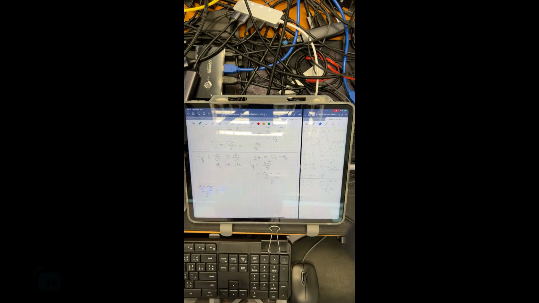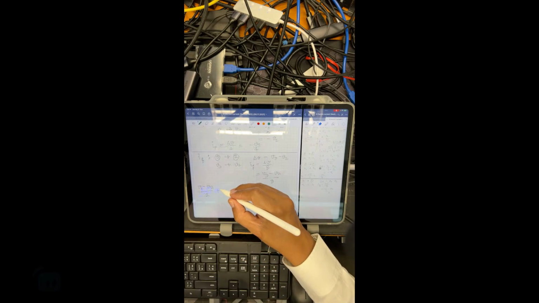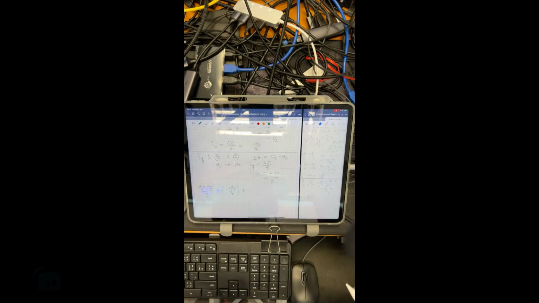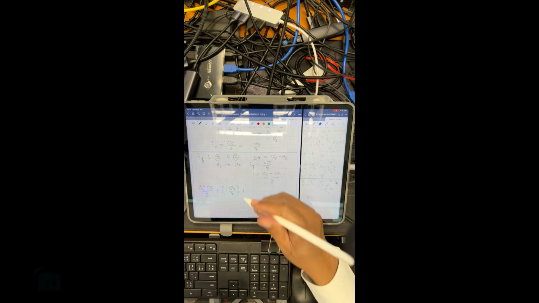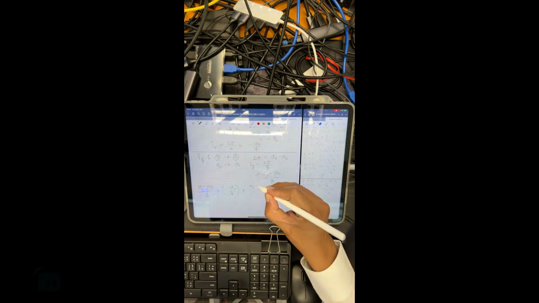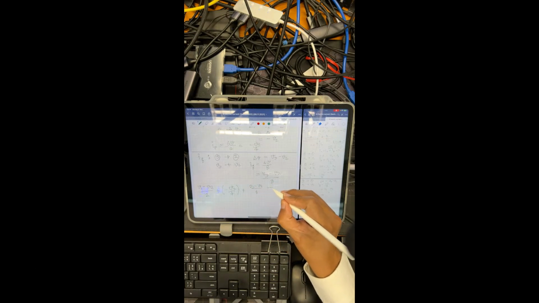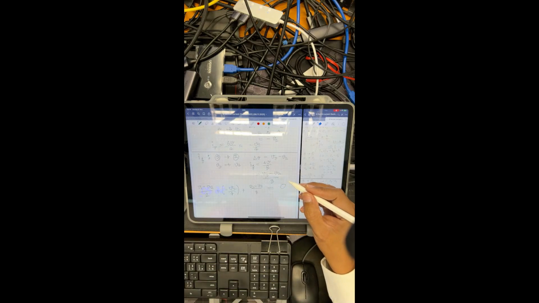Where is IP? IP is what we have here, minus V2 by 4, plus IQ, which is V3 minus V2, divided by 8, and it's equal to 0, right?